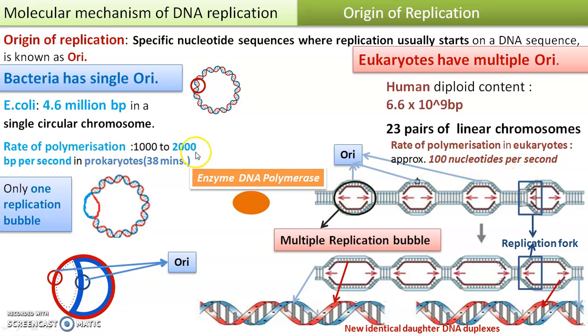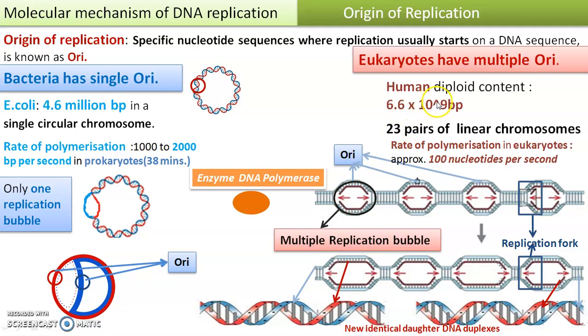You know why? Reasons are size. See the size of E. coli, for example, a prokaryotic cell, 4.6 million base pairs, and that too in a single circular chromosome. Whereas, you take the example of human, a eukaryotic cell, see the diploid content, it is 6.6 into 10 raised to the power 9 base pairs.